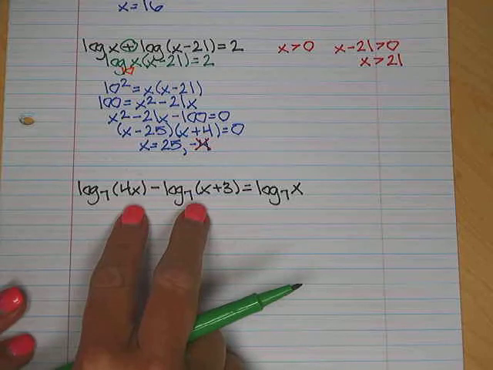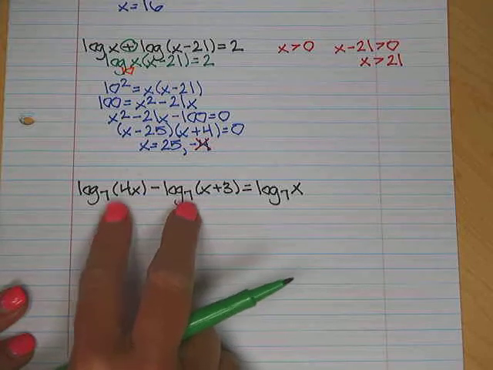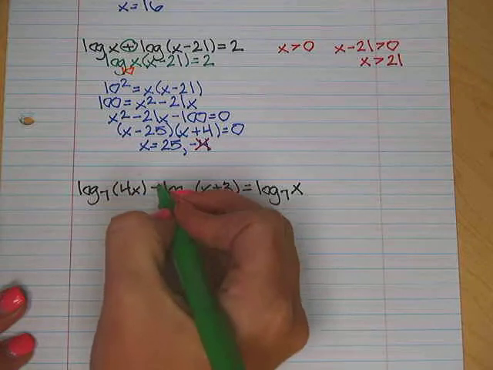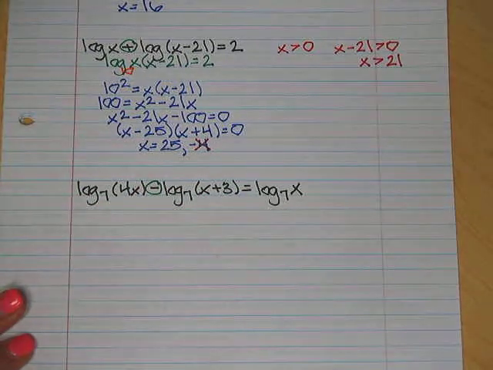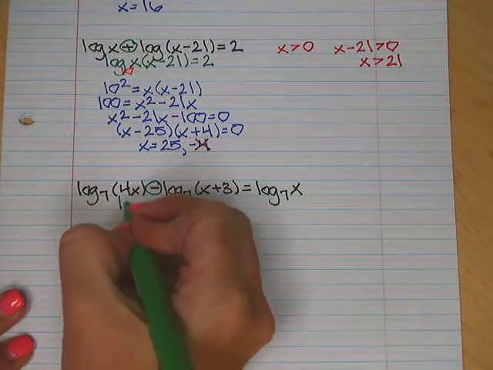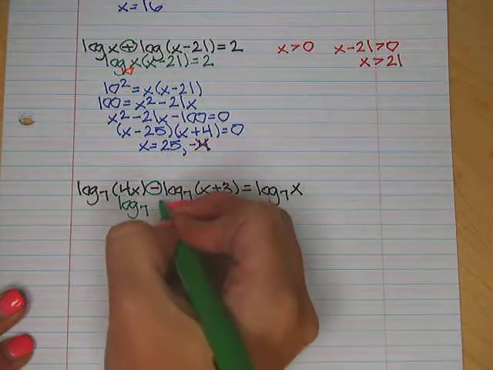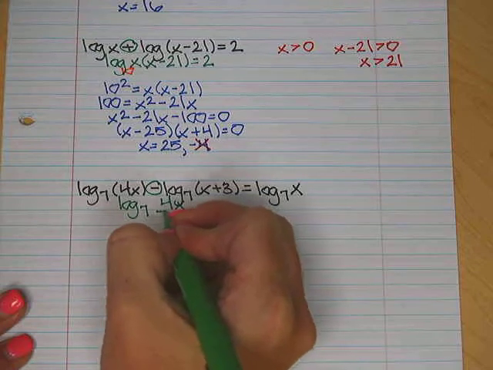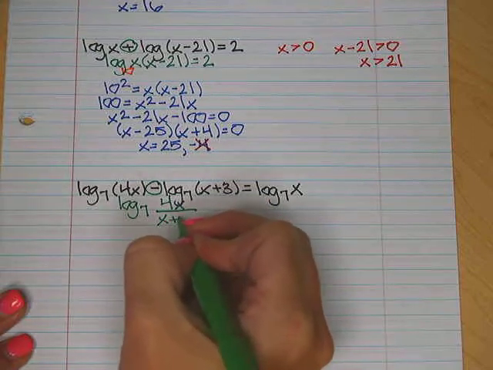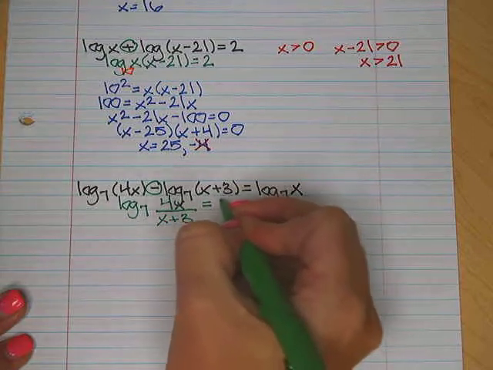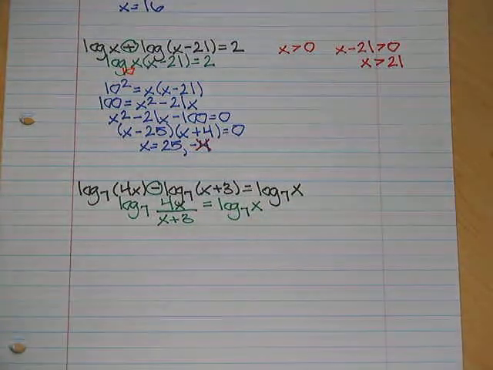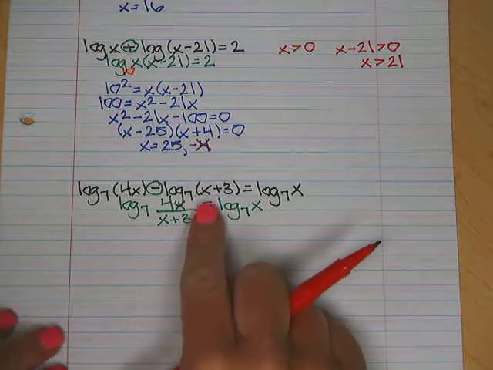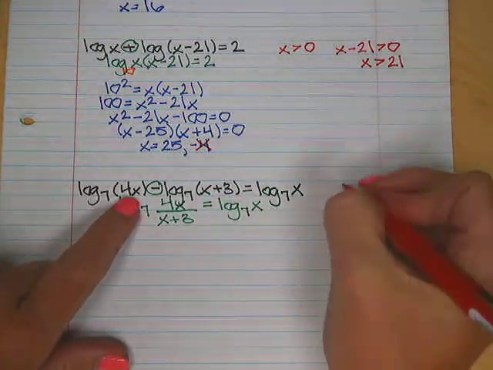So the first thing that we're going to do is combine these two logarithms on the left into a single logarithm. And remember that when you have logarithms separated by a subtraction sign, you can combine them into a single logarithm using division. So I will have log base 7 of 4x divided by x plus 3 equals log base 7 of x.